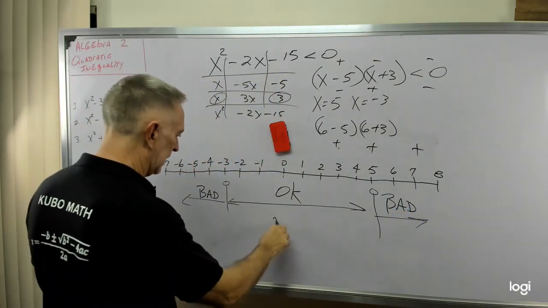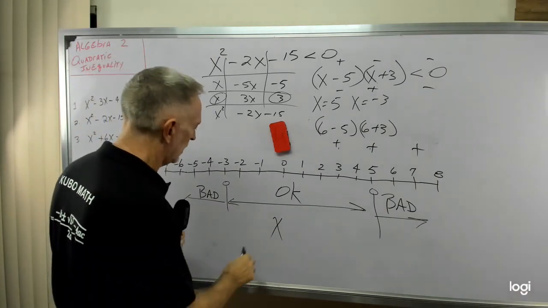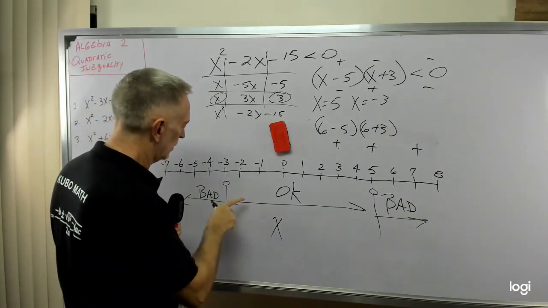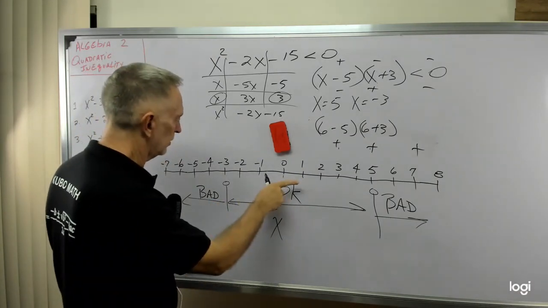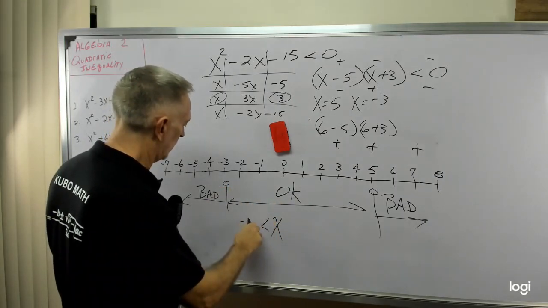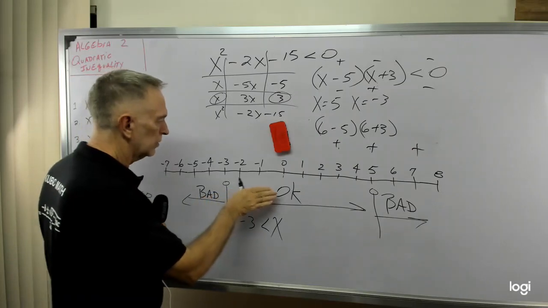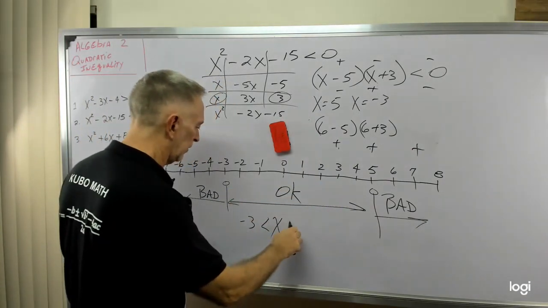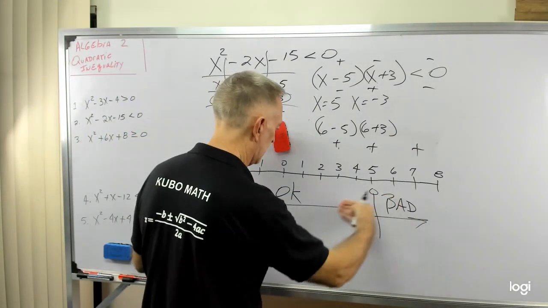So what does that mean about x? x is greater than negative 3, so it's headed this way, but it has to be less than 5.